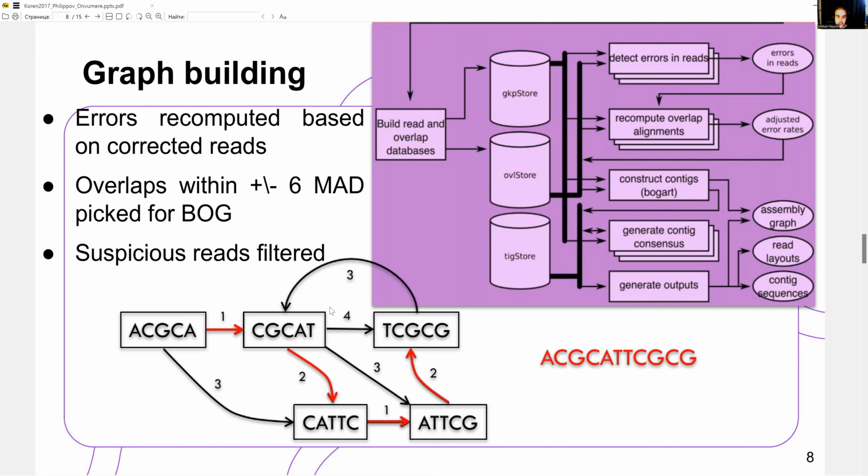So for that, we estimate the error rate of overlaps over read, and such reads that do not exceed the predefined error rate margin are included into the subset which will be placed on the contigs.